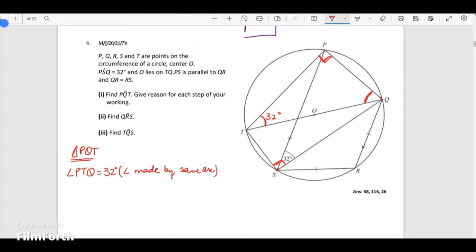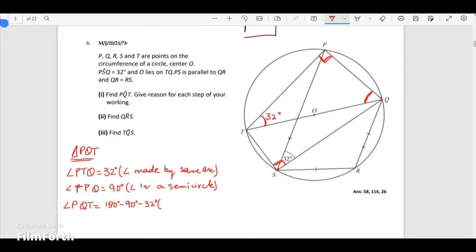Likewise, angle TPQ would be equal to 90 degrees. Why? Because that is the angle in a semicircle, or angle made by diameter, however you want to write it. Now angle PQT would be equal to 180 degrees, take away 90 degrees, take away 32 degrees.